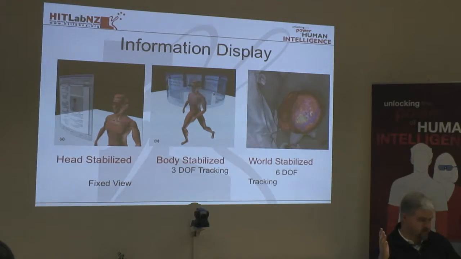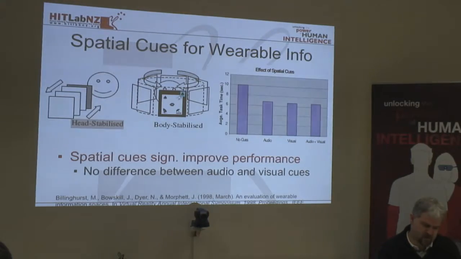And as I turn my head one way or the other, I would see different screens. I might need to search for information. With head stabilized, you could have all of the screens on top of each other. So as I'm tapping, it would show a new screen each time, going through the cycle. But with body stabilized, I could have a screen here, and as I turn my head, I would see different screens as well.